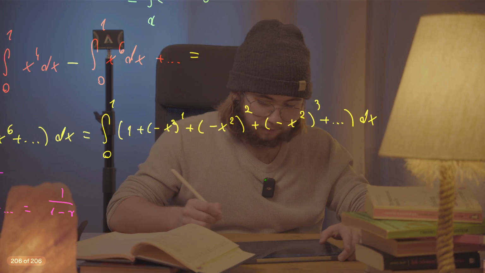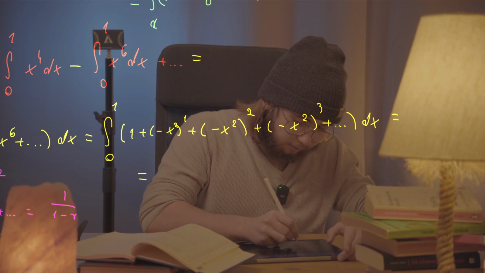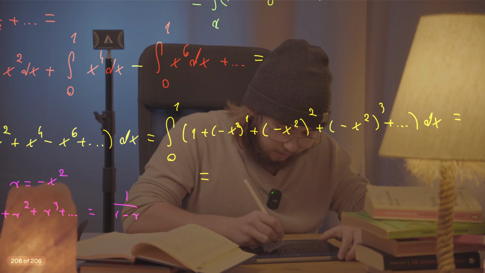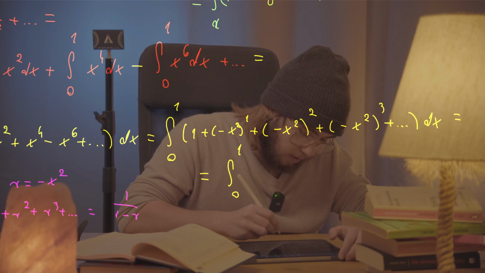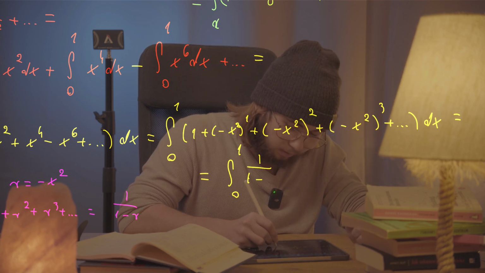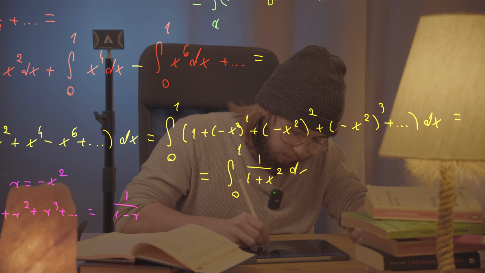And so I can just say that this entire integral by this formula right here will be equal to the integral from 0 to 1 of 1 over 1 plus x squared with respect to x.